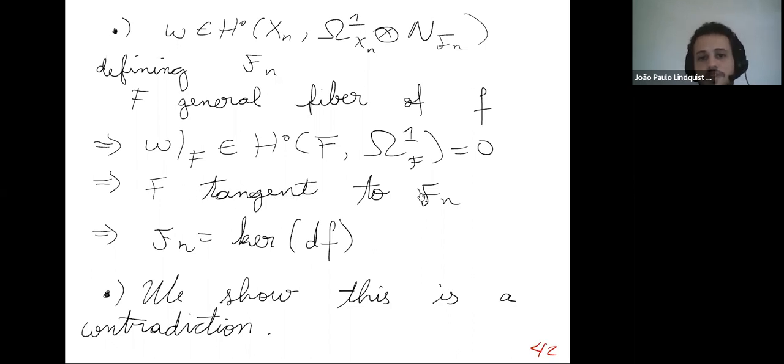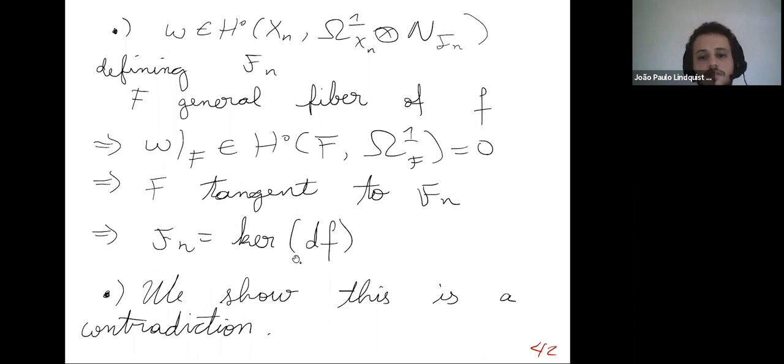So F is tangent to F_n, and F_n is induced by the nef reduction. In particular, this shows that F_n is algebraic, but we can show that this is impossible. This is the one thing I will not do here, but we show that this cannot happen.